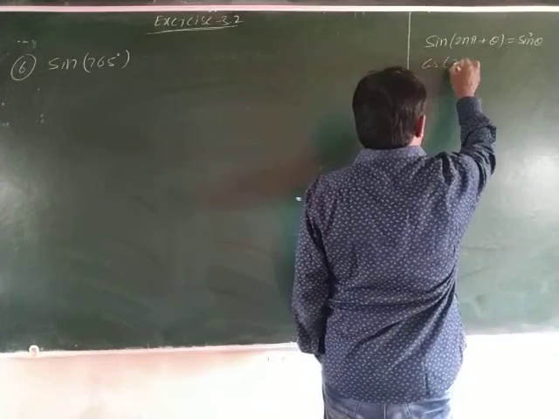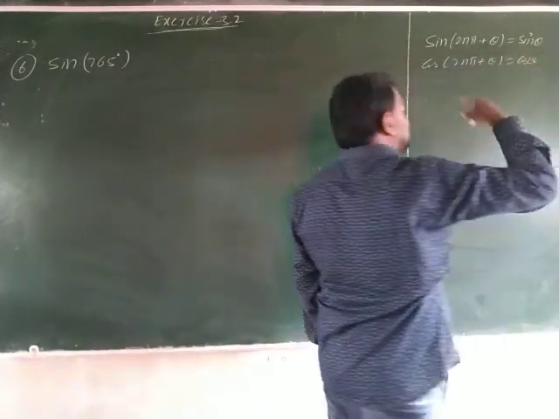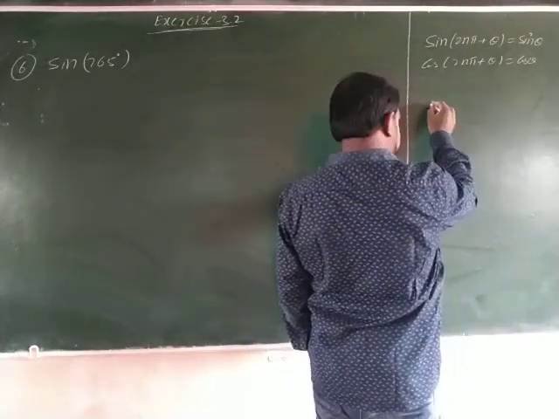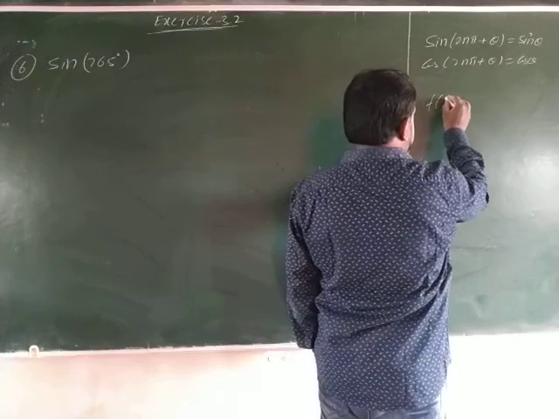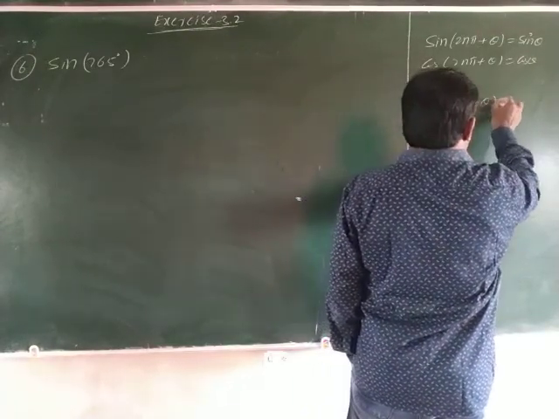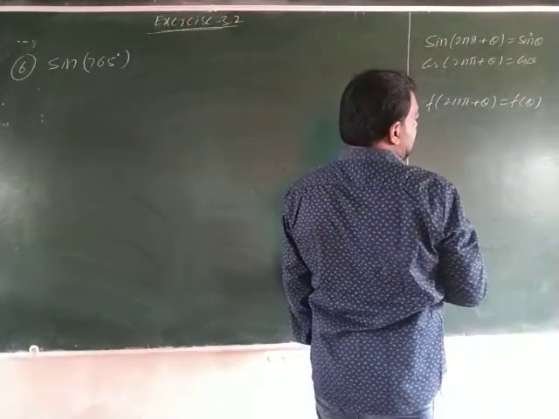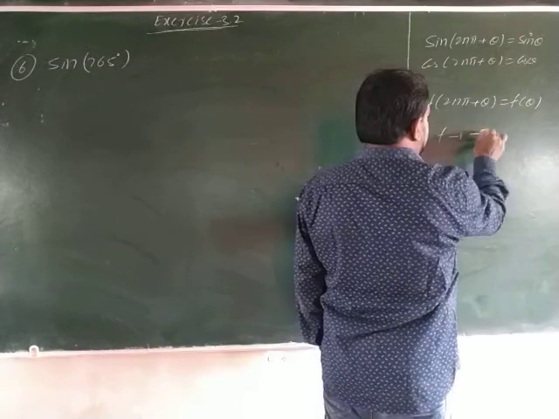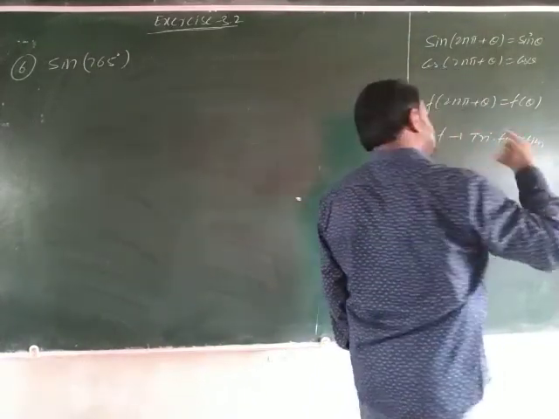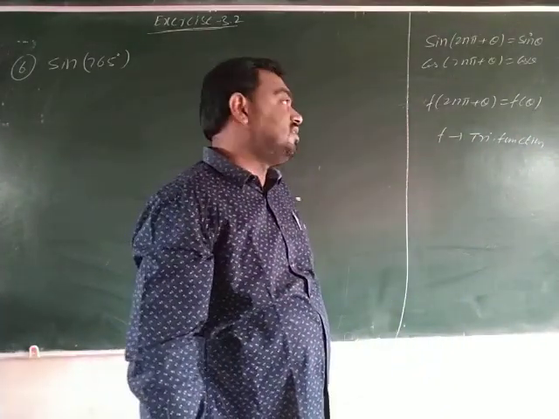Similarly, cos of 2n pi plus theta is equal to cos theta, and the remaining ones likewise. In general, f of 2n pi plus theta is equal to f of theta, where f is a trigonometric function. It may be sine, cos, tan, secant, cosecant, cotangent, anything.